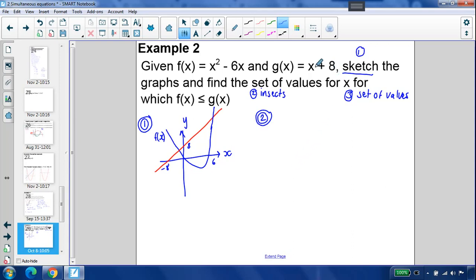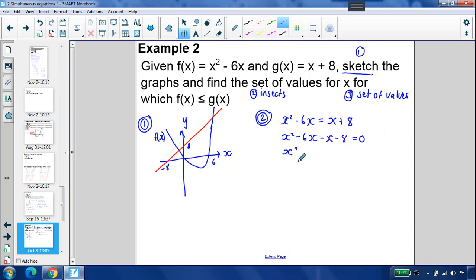So I'm going to substitute, and because these are both equal to y, I can equal them to each other. So x squared minus 6x is equal to x plus 8. Let's rearrange, so I'll have x squared minus 6x minus x minus 8 is equal to 0.